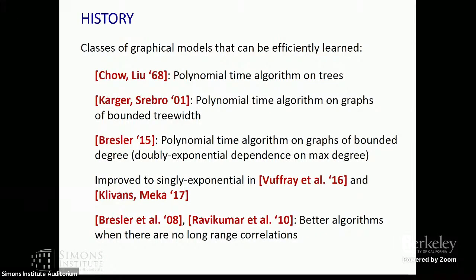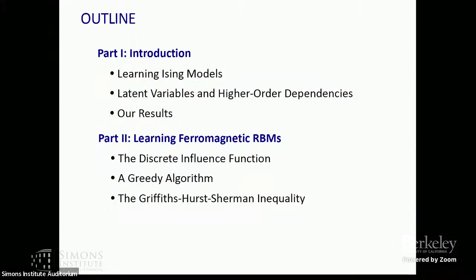They're usually assumptions that imply as a consequence things like the fact that your underlying graphical model does not have long-range correlations. In those cases, sometimes you can get better algorithms, maybe even things which are poly in d and poly in n.